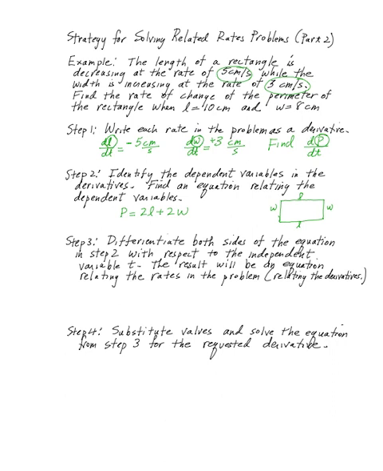So you might have to Google a formula for that, okay? Step 3 is always differentiate both sides of the equation in step 2 with respect to the independent variable time. So we start out with perimeter is 2L plus 2W, and you want to take the derivative of both sides of that with respect to time.